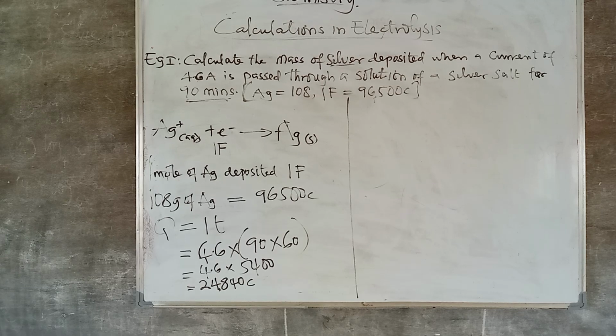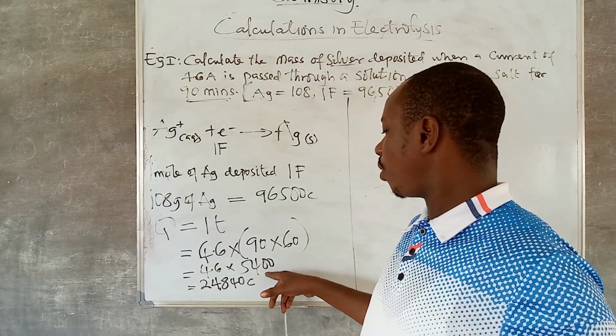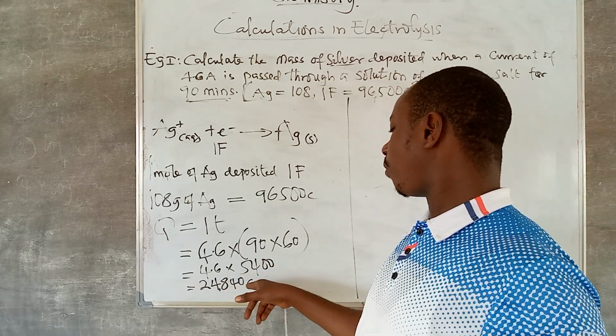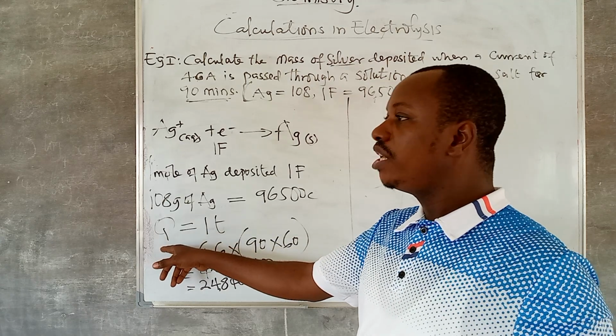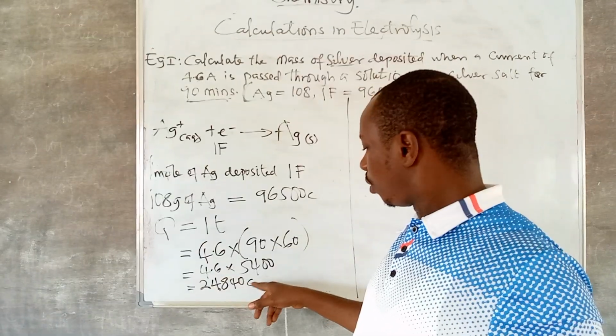If you press your calculator very well, 90 times 60 will give you 5400. And when you multiply all, you will get 24,840 coulomb. Don't forget that the unit for quantity of electricity passed, that is Q, is coulomb.